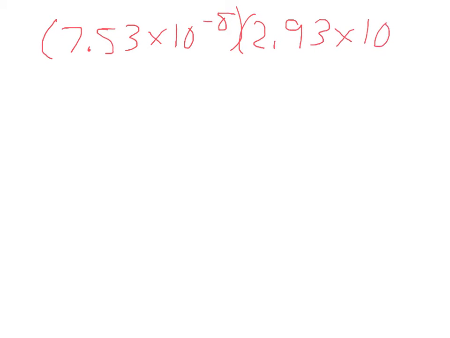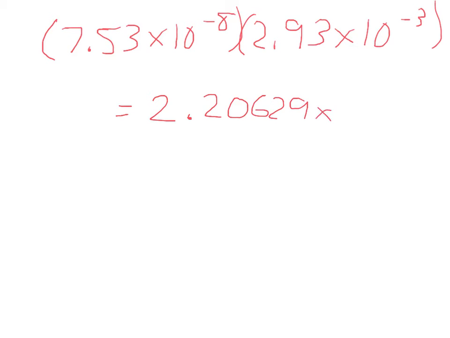Let me give you one to try and see how you do with this problem. 7.53 times 10 to the negative 8th times 2.93 times 10 to the negative 3rd. Pause the recording and try this problem. Okay, if you did this one correctly, you would have come out with the answer of 2.20629 times 10 to the negative 10th.